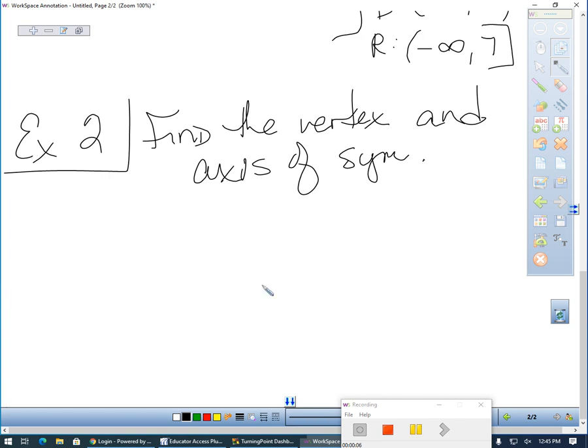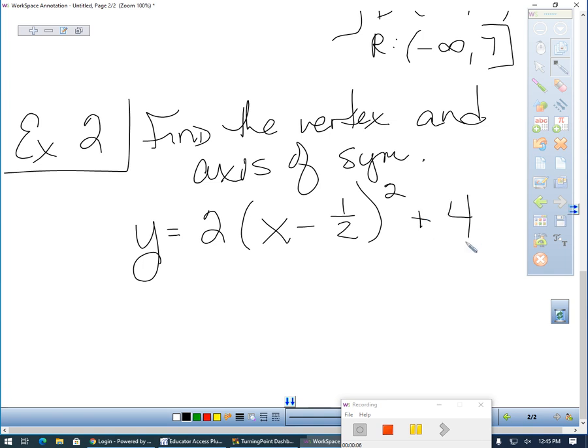And your equation might be something like y equals 2 times (x minus 1/2) squared plus 4. So let's start with the vertex. Our vertex is at what? (1/2, 4). Very good.